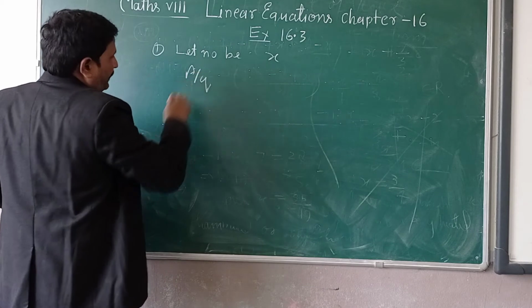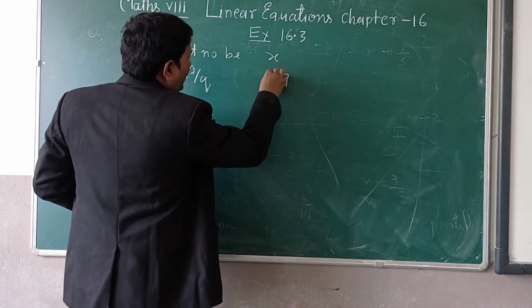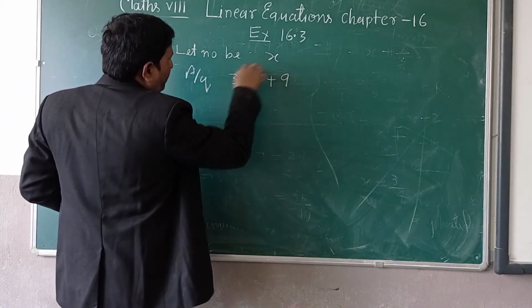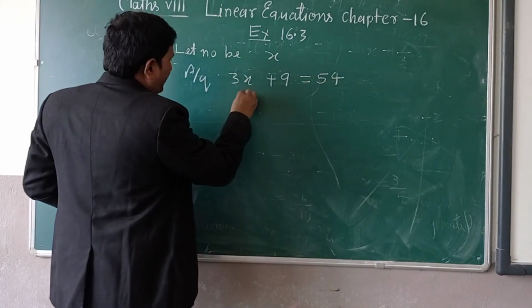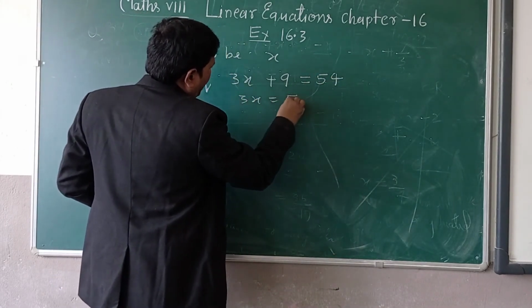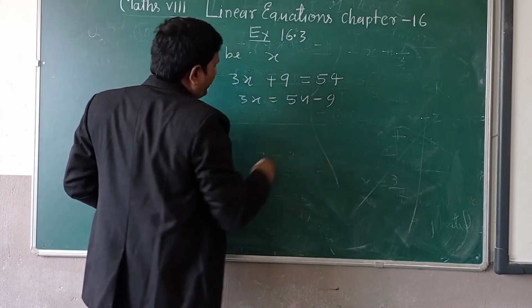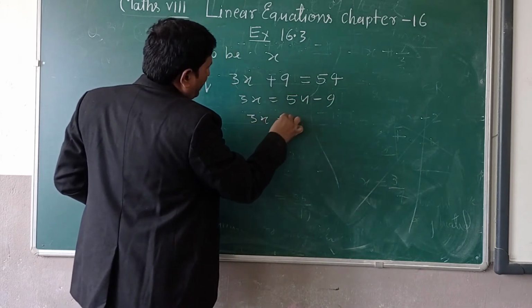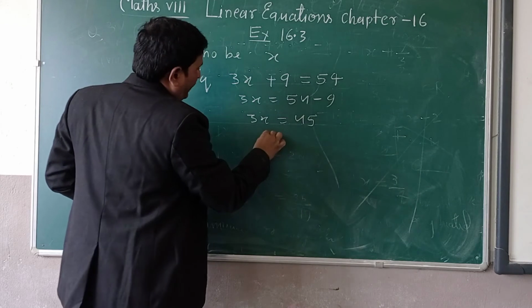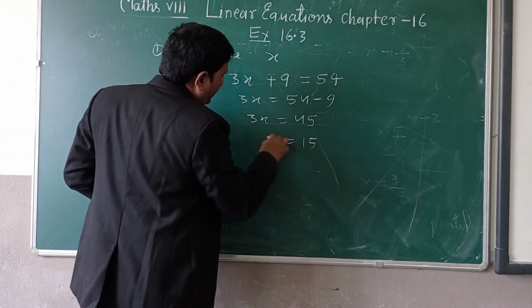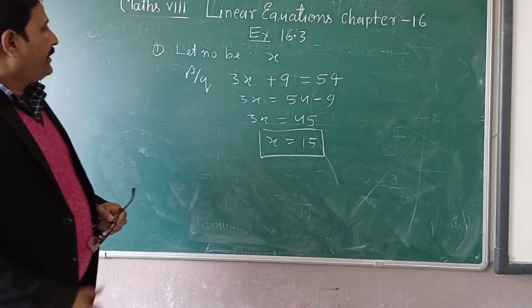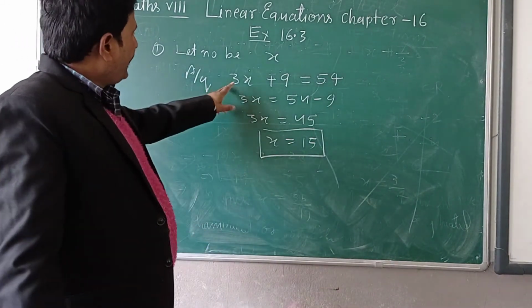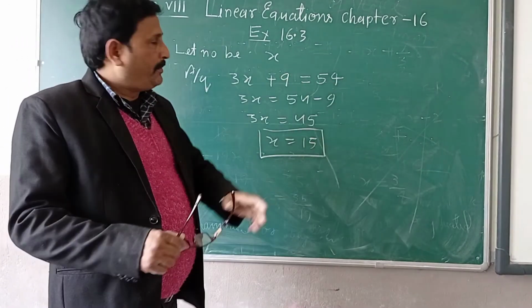According to the question, 9 is added to thrice a number, result is 54. 3x = 54 minus 9, 3x = 45, x = 15. The number will be 15.